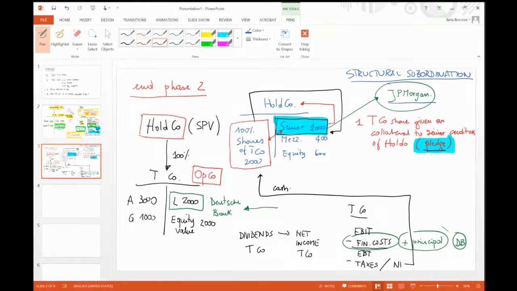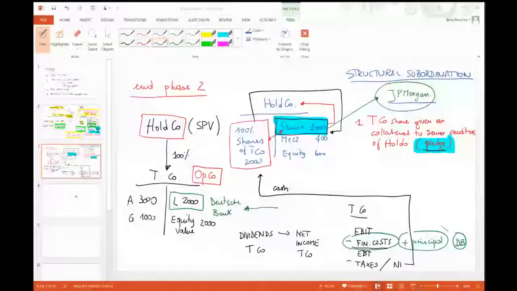The only solution to place JP Morgan at the same level as Deutsche Bank, legally speaking pari passu, as they say, is to collapse the two structures, holding company and target company, into one single entity, so that senior and senior are placed pari passu inside the company that produces the cash flows.